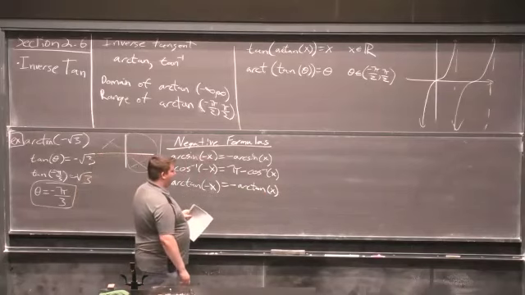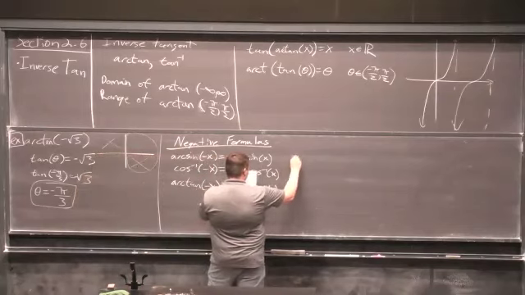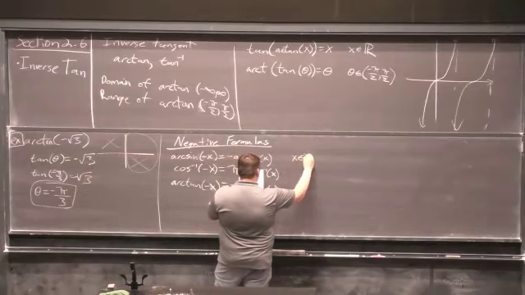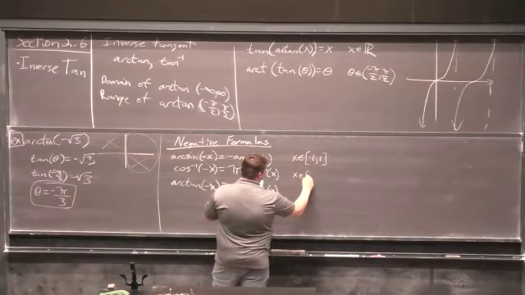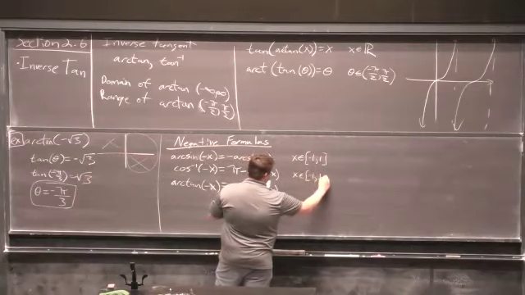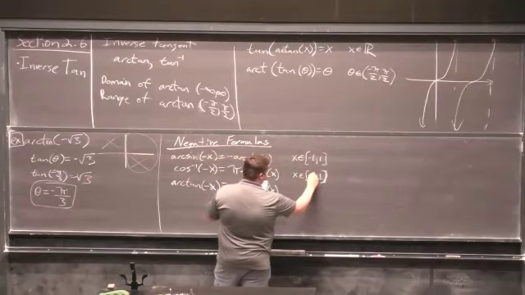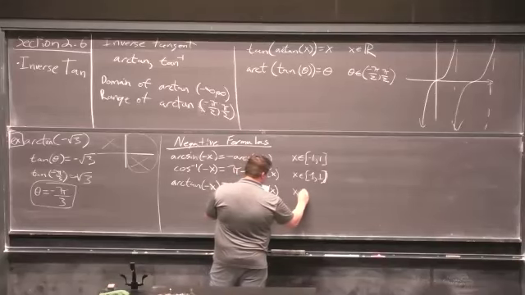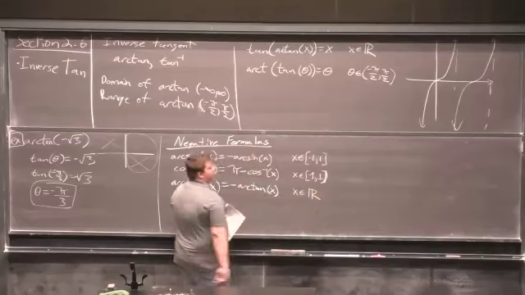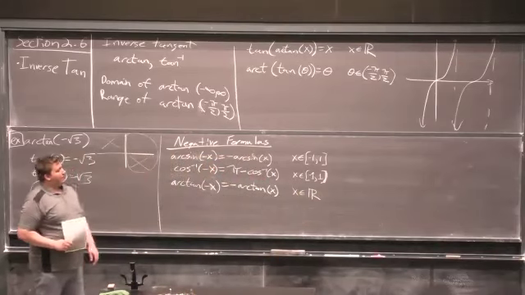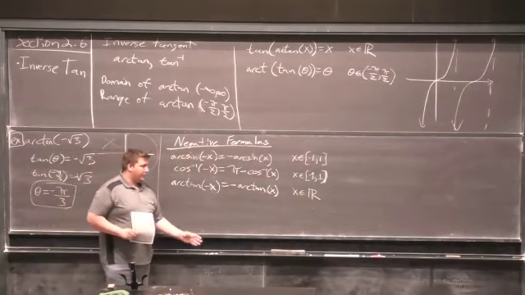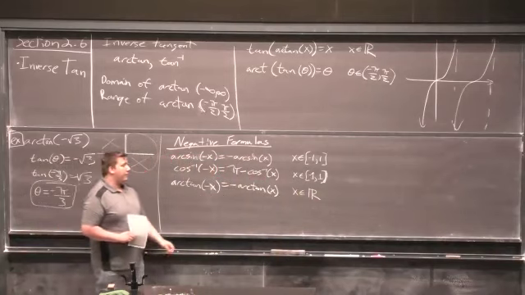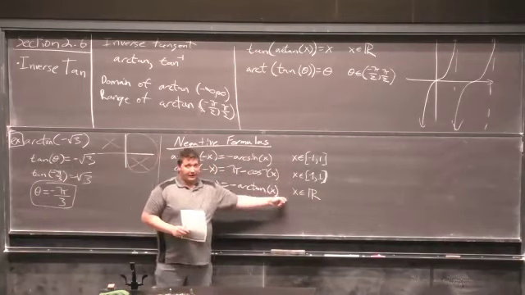And for each one of the first two, x has to be within negative 1 and 1. And for the third one, x can be within all reals. Okay. This will be your check on learning for this video, is to restate these negative formulas with the restriction of what x can be.